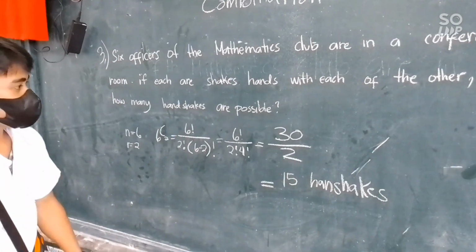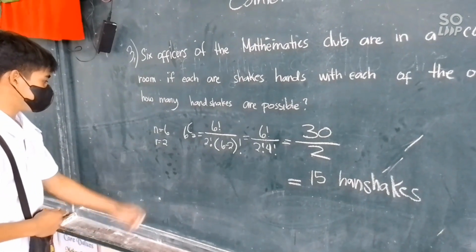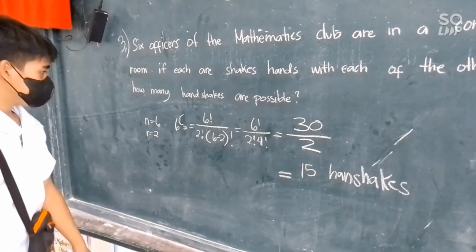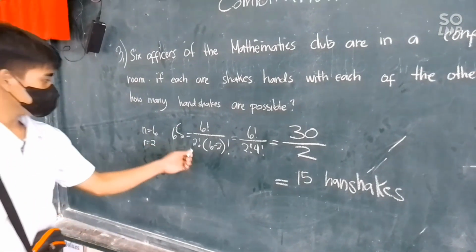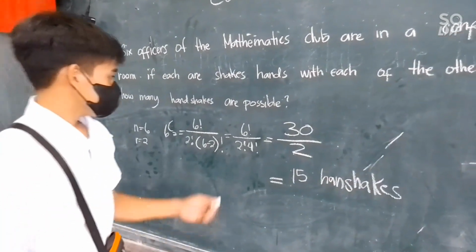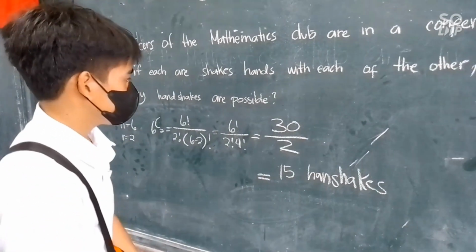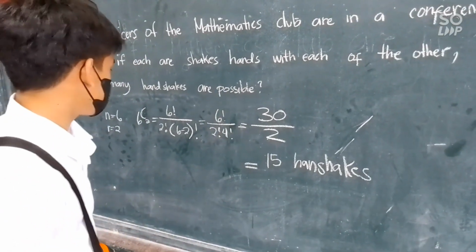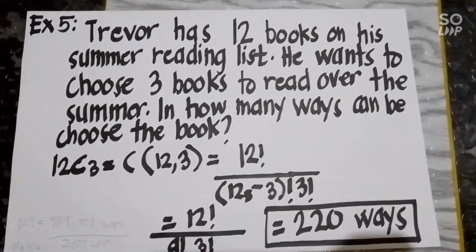How many handshakes are possible? n is 6 and r is 2. 6C2 equals 6 factorial over 2 factorial times 6 minus 2 factorial, equals 6 factorial over 2 factorial times 4 factorial, equals 30 over 2, equals 15 handshakes.